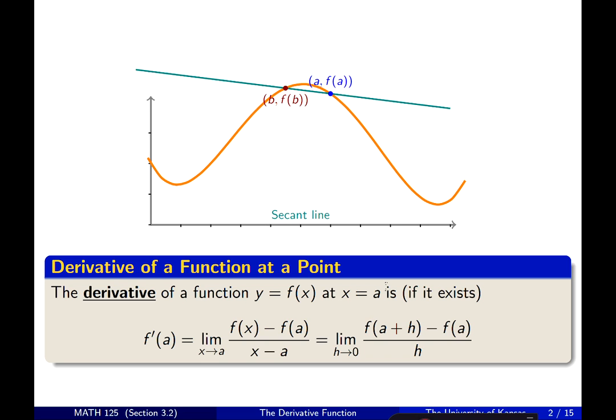Or it's the limit of f of a plus h minus f of a over h as h approaches 0. Either one of the definitions we use. And it's also the slope of the tangent line, and it's the limit of the slope of the secant line as the two points get closer and closer to each other.